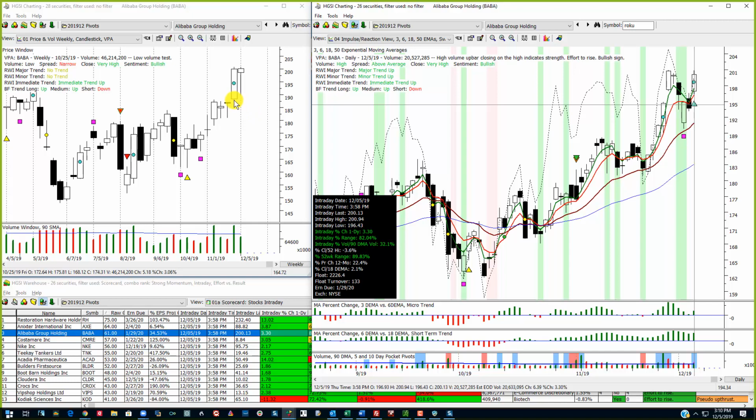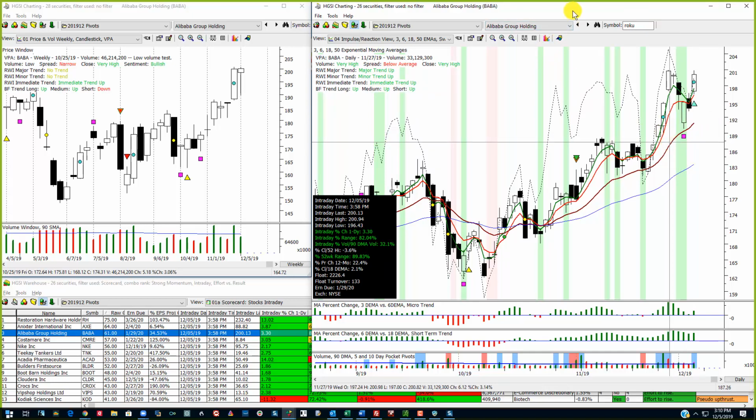But this stock is really what's called in play now, to the upside, and I can't tell you where to get out. It's just whatever you're comfortable with. What I would personally do is put a trailing stop in.